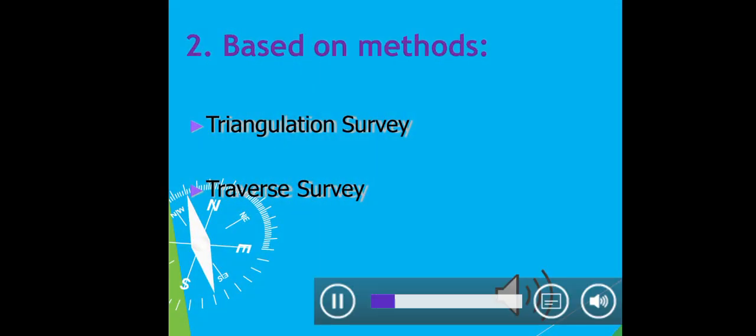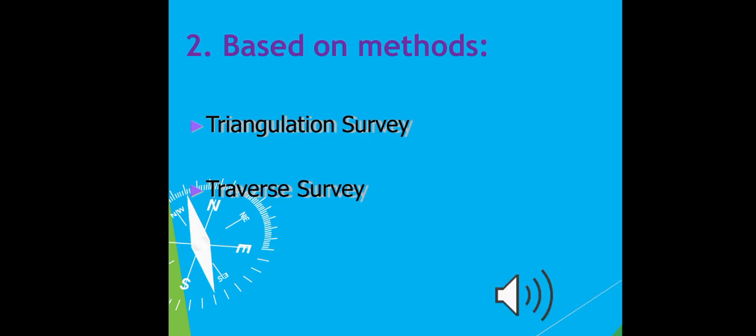Based on methods, the secondary classification of surveying are of 2 types. Number 1, triangulation surveying, and number 2, traverse surveying.